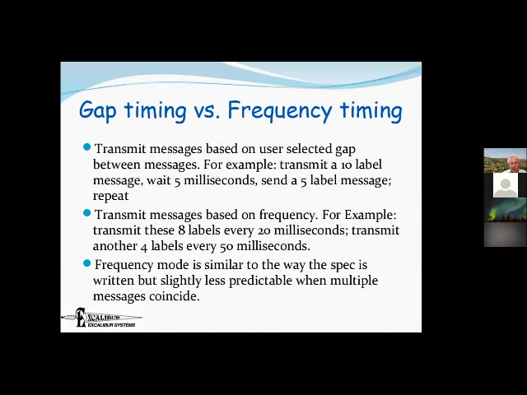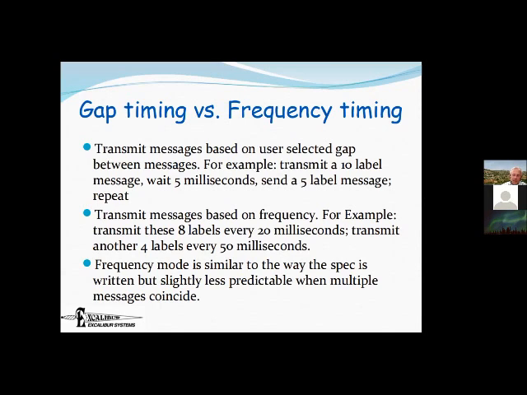But it also means that you may not know exactly what order the labels are going out in. For example, if you have label 10 going out 10 times a second, and label 5 going out 5 times a second, occasionally they're supposed to go out at the same time. Well, when that happens, which one goes out first? Well, it's up to the card to decide if you're in frequency mode.